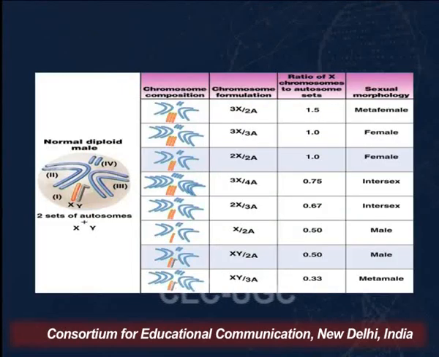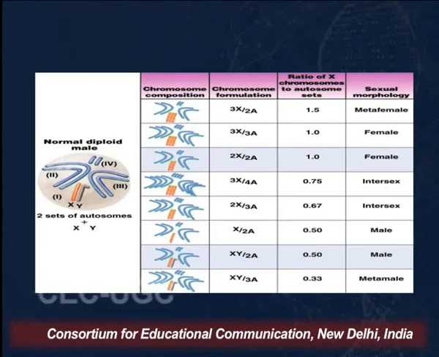Now, on your screens you would find again different types of combinations along with the matings of the triploid female and a normal diploid male. And you can find various ranges as far as the X by A ratio is concerned.